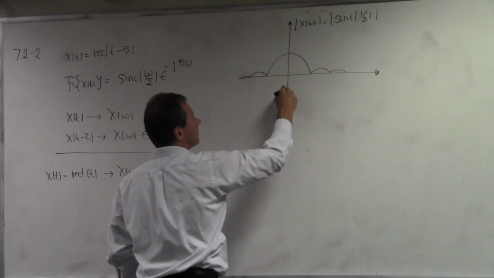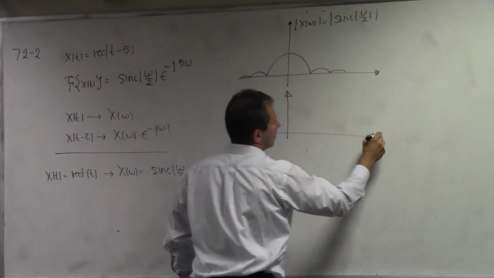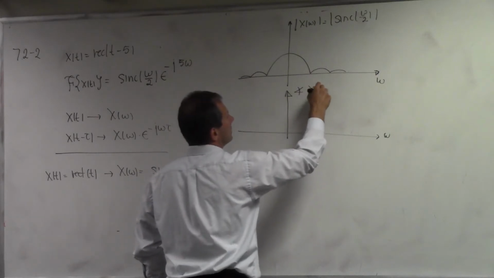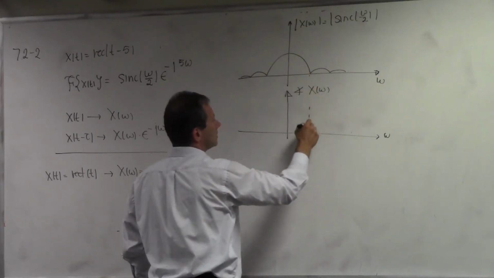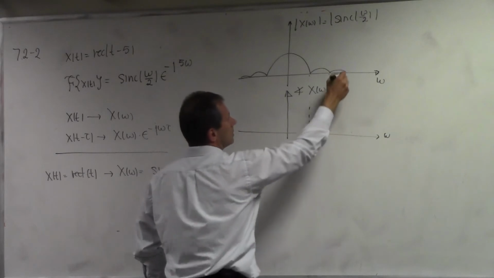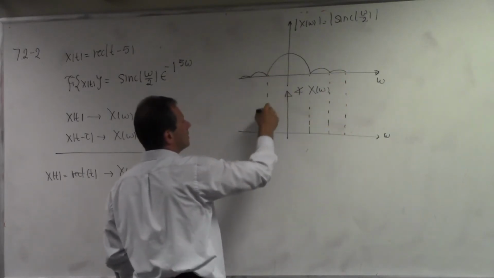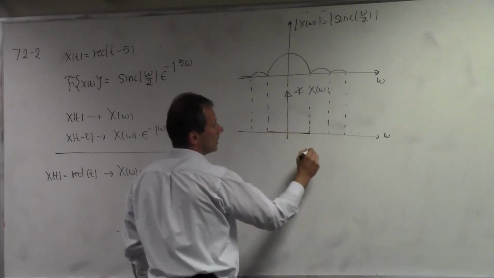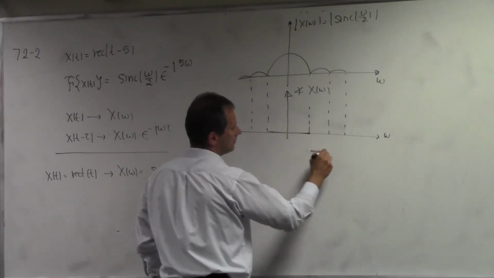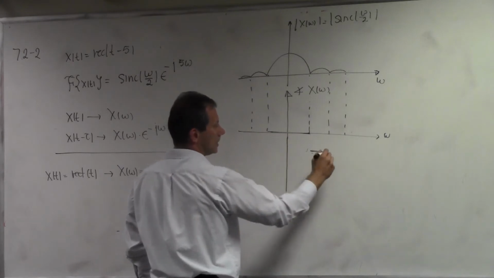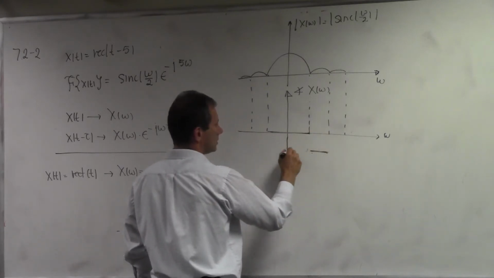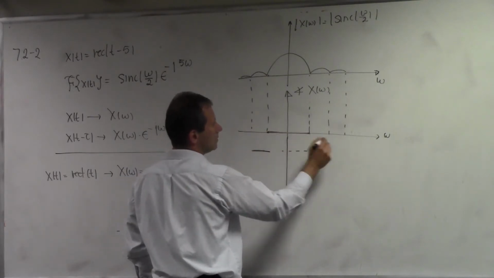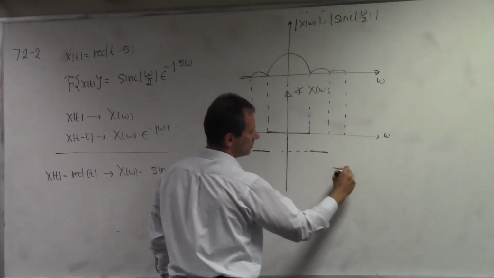Phase, which is the angle of X of omega, looks like this. Here, it's 0, minus pi. And then really you can put it back to 0, but it's customary to do it this way.